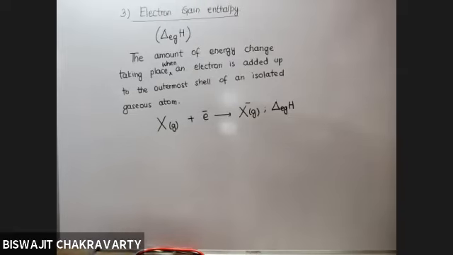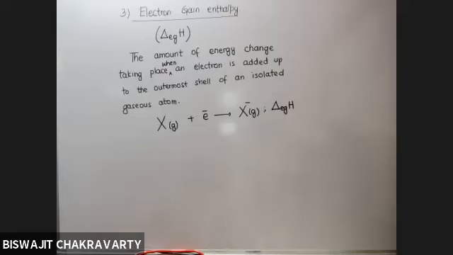So when we add an electron to an isolated gaseous atom, whatever energy change takes place is referred to as electron gain enthalpy. But when we discussed ionization enthalpy, that was not an energy change. That was the energy required to remove the electron from an isolated gaseous atom.